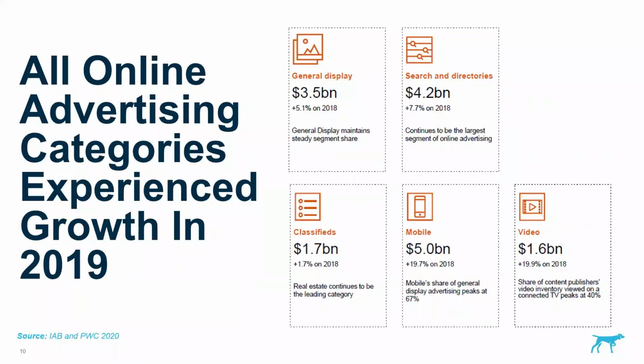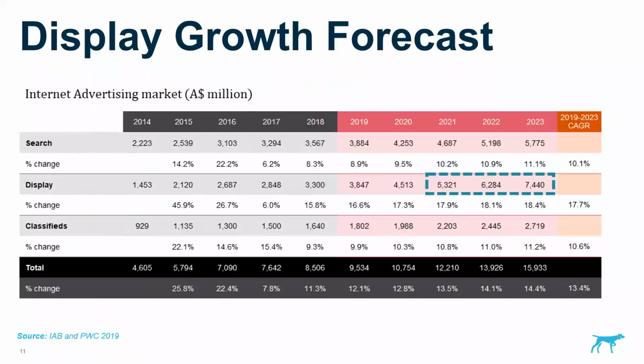And I think we were talking before, search is the current king of the digital court, but looking at IAB and PwC, their growth forecast for display is that it will ultimately be the biggest player within Australia. These figures are in millions of Australian dollars.